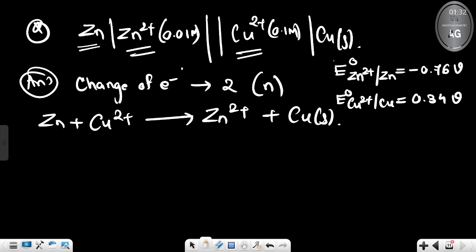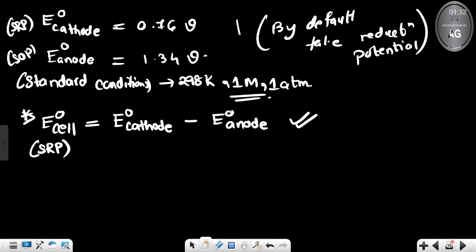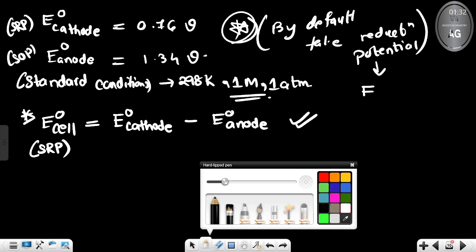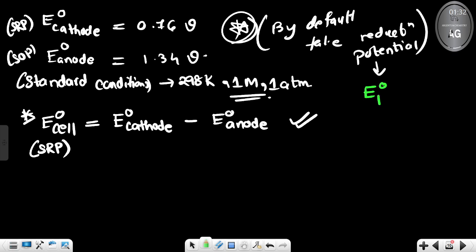Now the first and foremost thing that we will check, as I have already told you, is very important: by default, take reduction potential. So you have to check whether the value is written in this format or not: E0 Mn+/M.